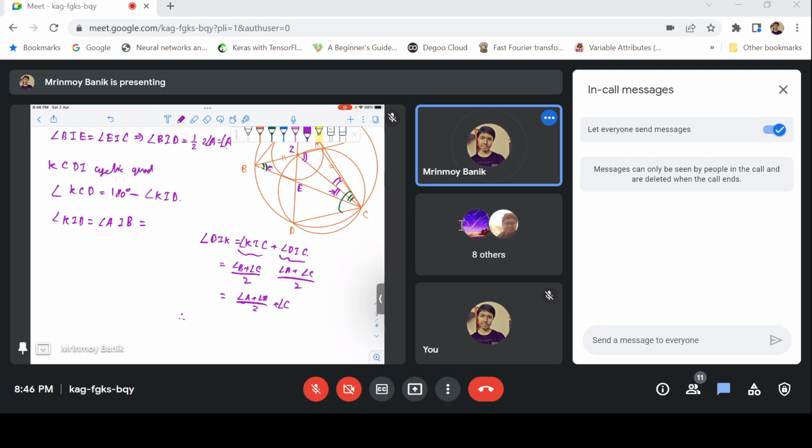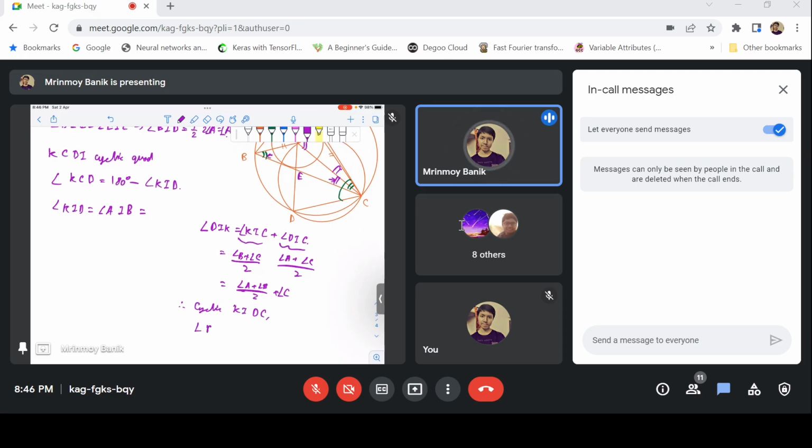Then we have from cyclic quadrilateral KITC, angle TCK is 180, that is angle A plus angle B plus angle C minus angle A plus angle B by 2 minus angle C. That is angle A plus angle B by 2.